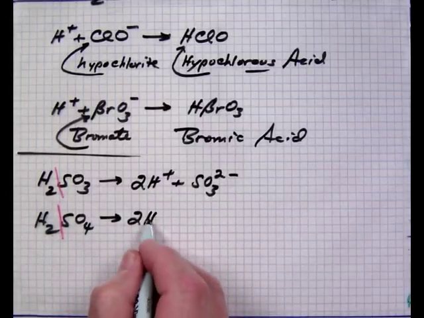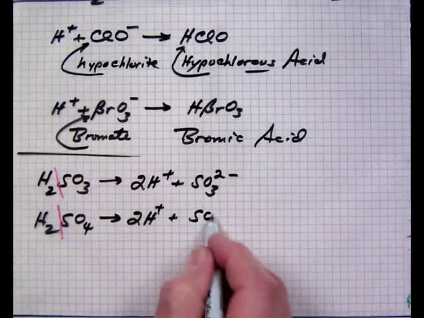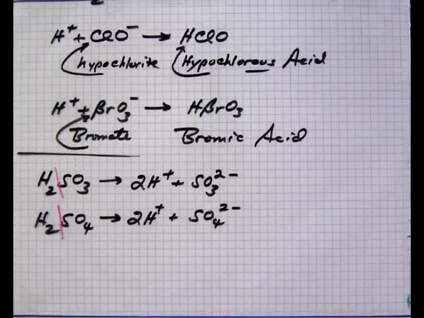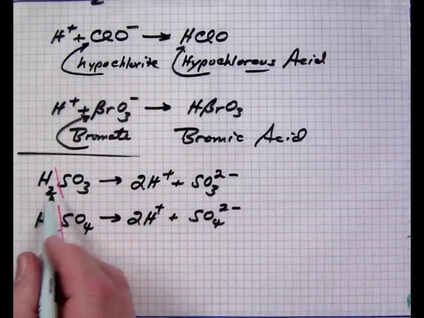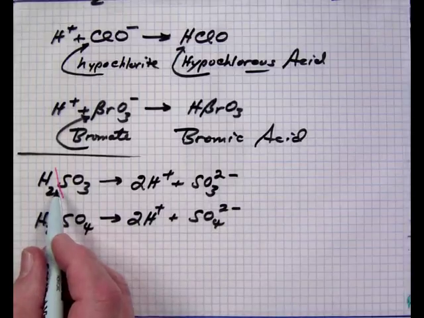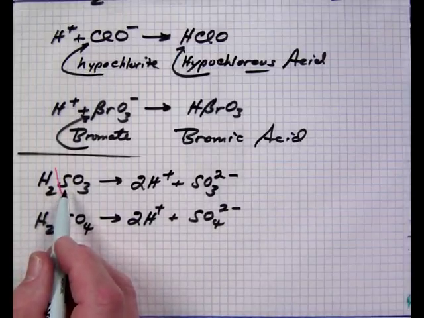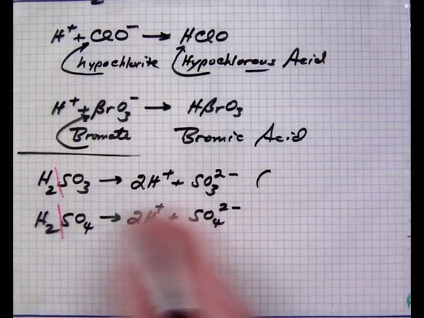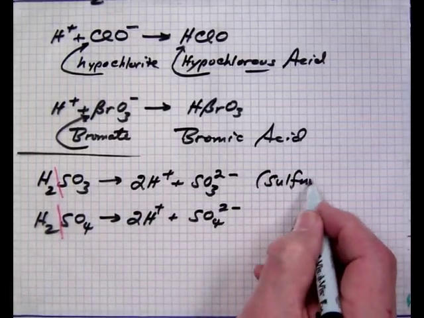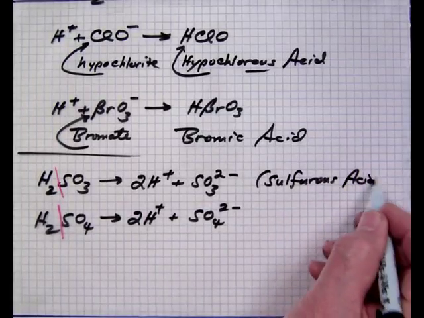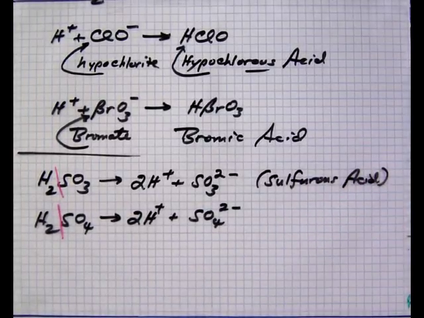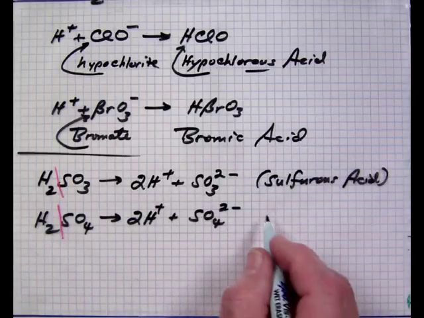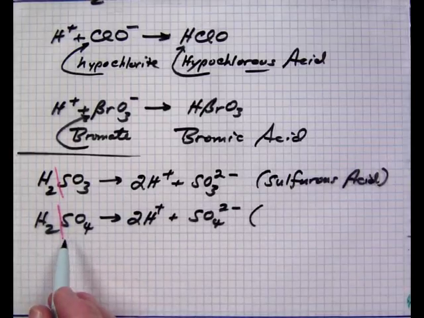It gives 2 hydrogens plus SO4 2 minus, sulfate, sulfite. So if you wanted to name the acid right here, and that's a sulfite, what would be the name? Sulfurous, right? So this would be the ionization of sulfurous acid. Very straightforward, and these are widely used, and they're common in literature and work you're going to do in the future. Now this is a sulfate, so it would be sulfuric acid.